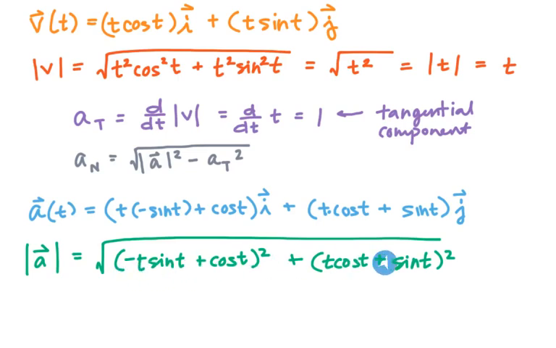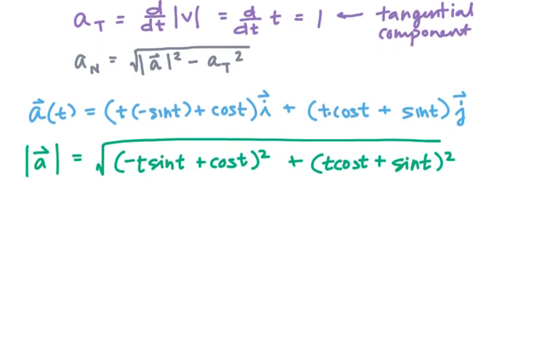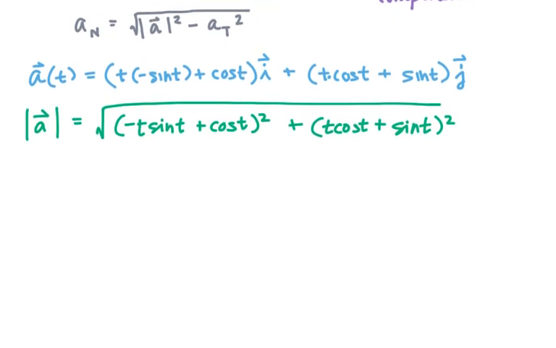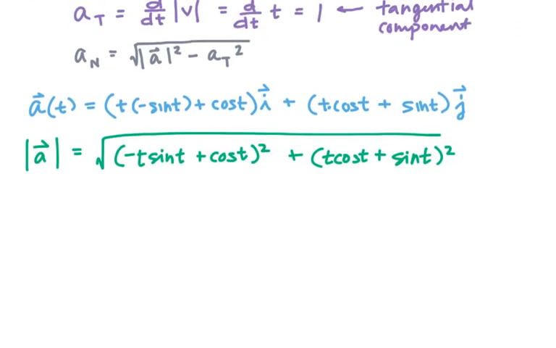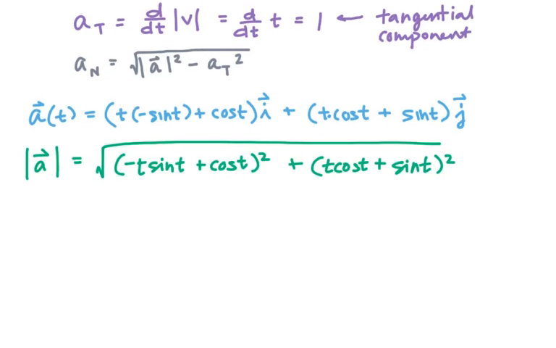So once I simplify this, I'll have this value, and then that purple value, a sub t, will plug in there. That will let us finish this problem out. So this is a little messy to FOIL out, but I know you guys can do it. I'll leave that on the screen.